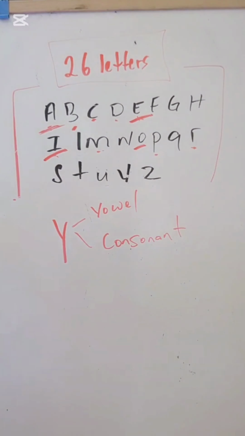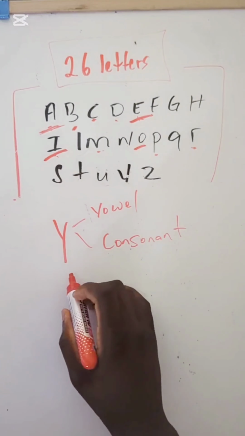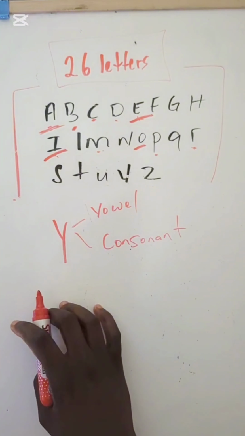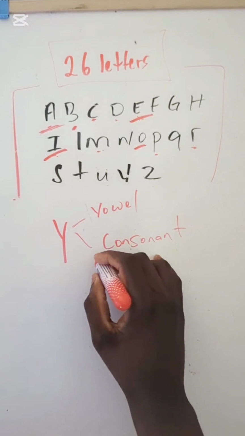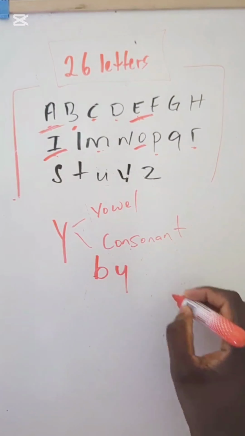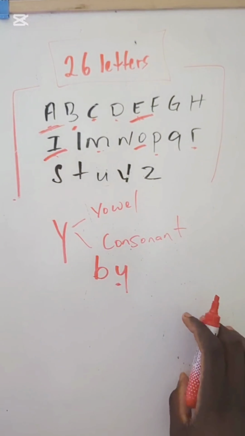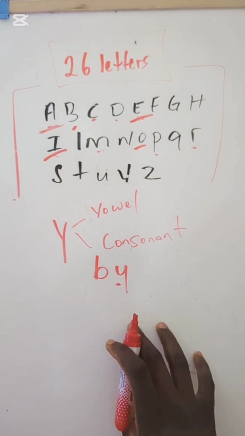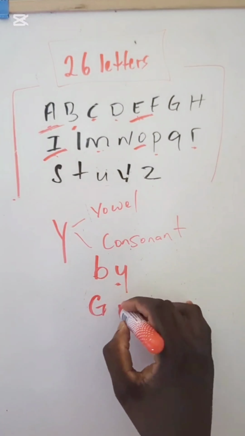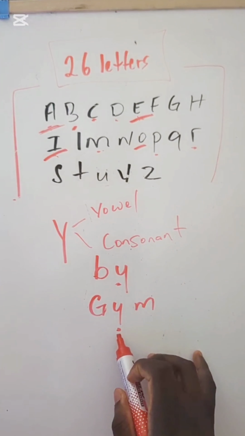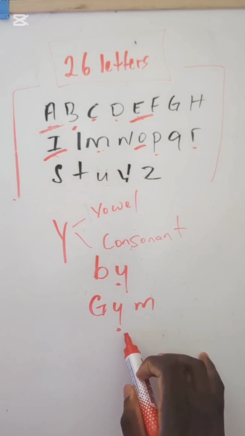So people, the position where the letter falls in the word is what makes Y sound like a consonant, or makes Y sound like a vowel. See? Now, in this word, BY, you see the position of this letter Y is at the end of the word. See? In this word, gym, you see the Y is in the middle of the word.